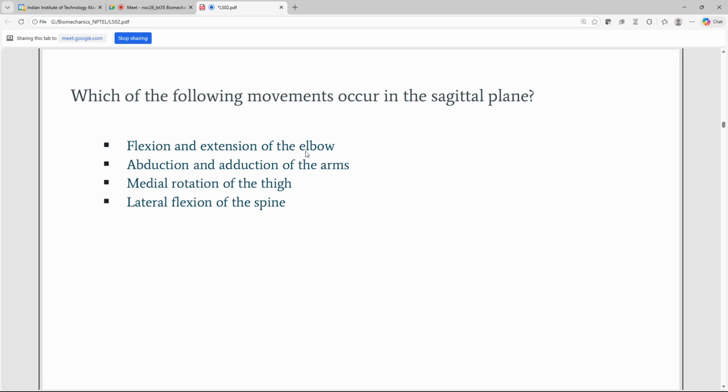Which of the following movements occur in the sagittal plane? Options are flexion and extension of elbow, abduction and adduction of arms, medial rotation of thigh, lateral flexion of the spine.